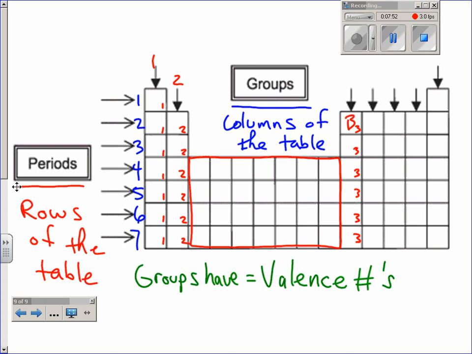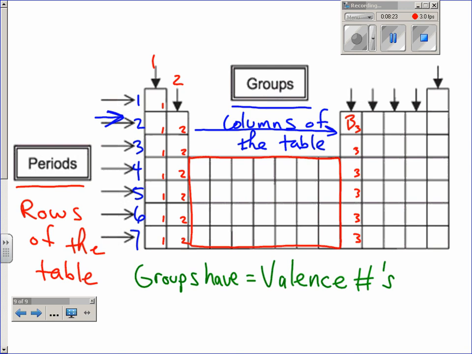And so that, my physical science friends, is why we jump. If you look at the second row on the table, the second period of the table, we jump from 1 to 2 here, and we go all the way across here to the boron group, group number 13 on your table, before we get to 3.